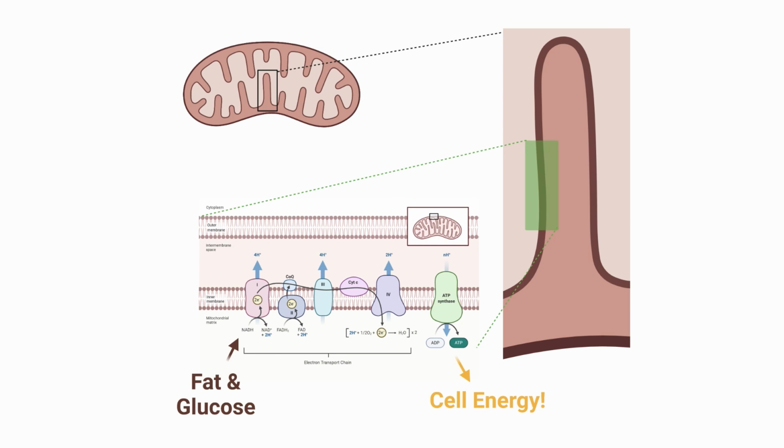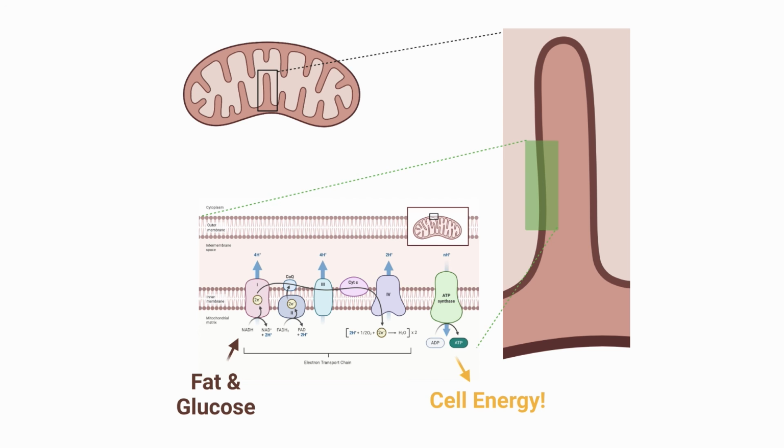So the fat and the glucose, they're no longer fat and glucose at this point. They're other molecules, but again, I don't want to bog this down. So the fat and the glucose enter the mitochondria after glycolysis, or from fat just through a process technically called beta oxidation, but again, not going to go into it. And it enters the mitochondria, and then they go through this process of being changed.